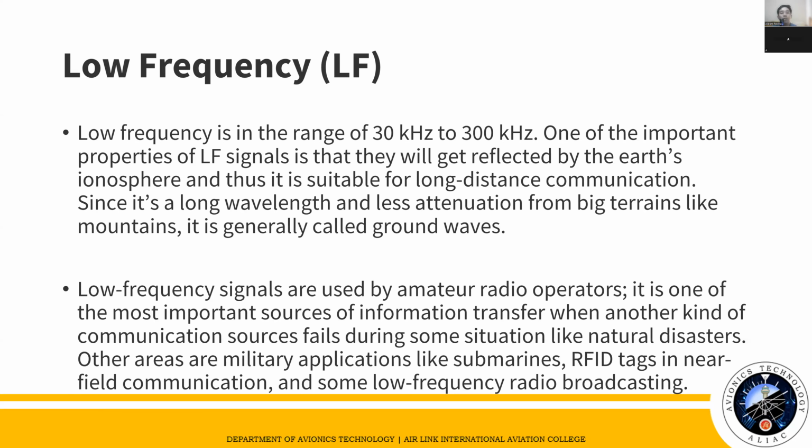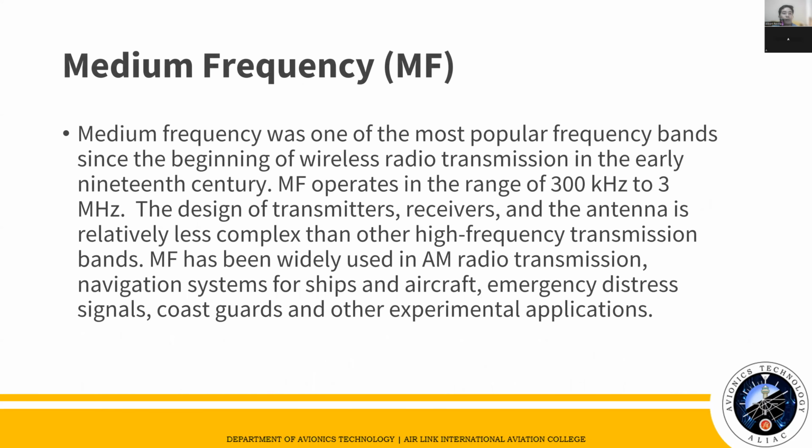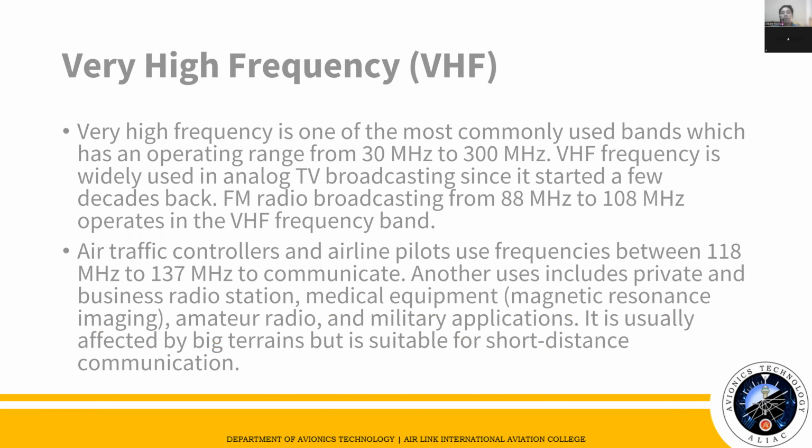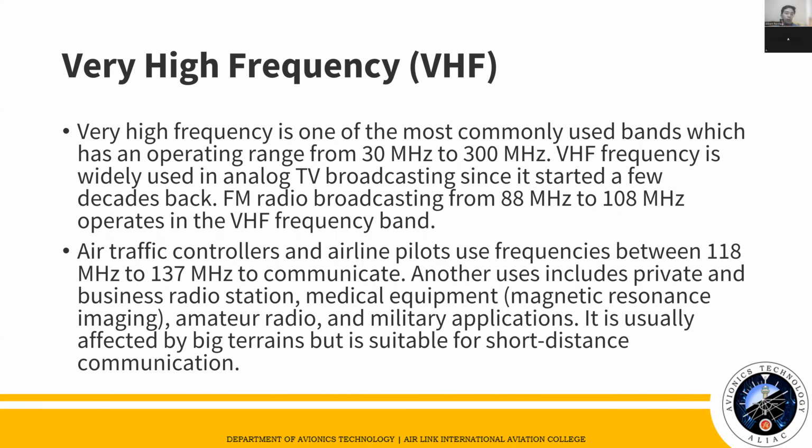From medium frequency, the most popular frequency band, medium frequency operates in 300 kilohertz to 3 megahertz. They are widely used in AM radio transmission, navigation systems for ships and aircraft, emergency distress signals, Coast Guard, and experimental applications. VHF, which is the most commonly used by aviation, is from 30 megahertz to 300 megahertz.